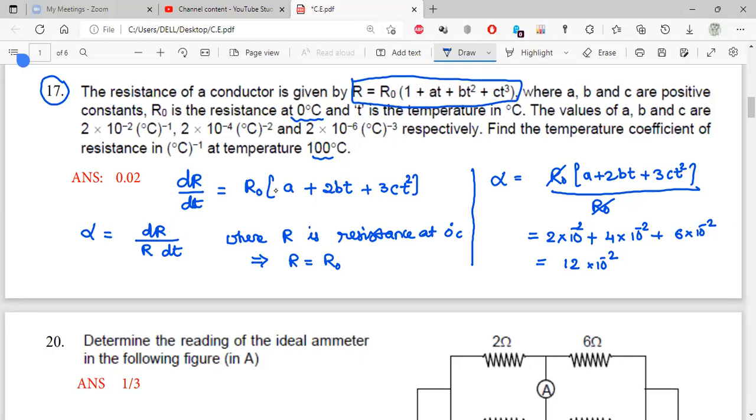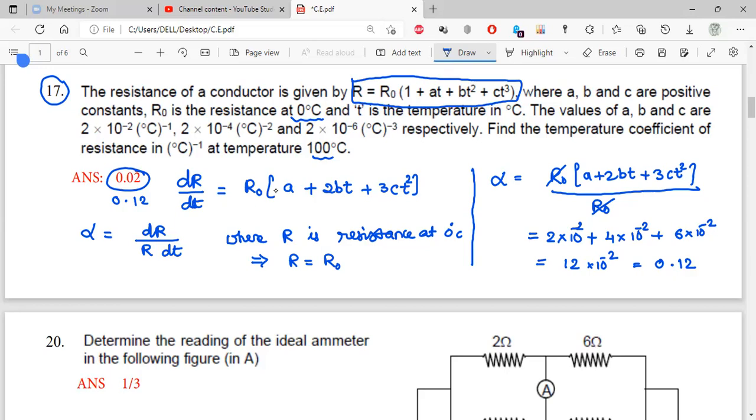Yes sir, correct. Okay. And this equals how much? You are getting 0.12. This is 0.12, per degree Celsius.